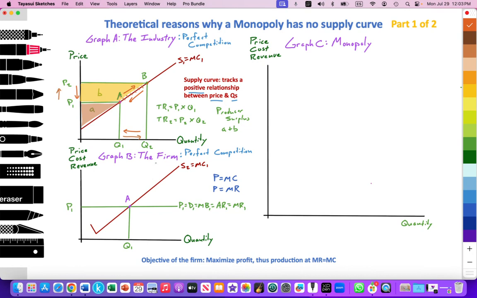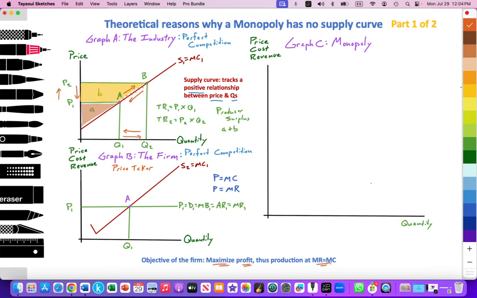If we look at the firm within perfect competition, the firm will be a price taker. They will take the price set by the industry. And so a price of P1 for the firm here becomes perfectly elastic. And we can see that price is equal to demand, equal to marginal benefit, equal to average revenue, equal to marginal revenue. And we're going to assume that the objective of the firm is to maximize profit.